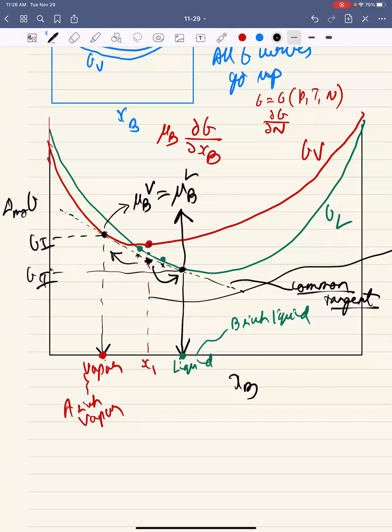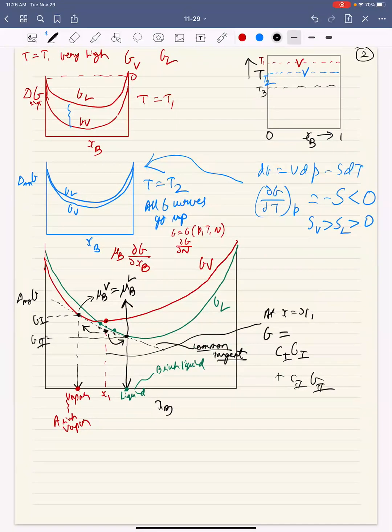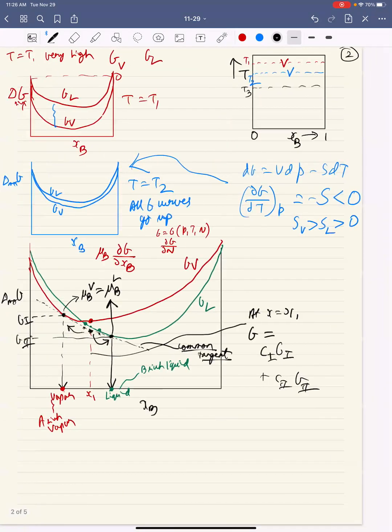So let's, for example, draw one more on the next page, and then we'll come back to this. Let's just draw something else. So we have something like this. What are we using for vapor?